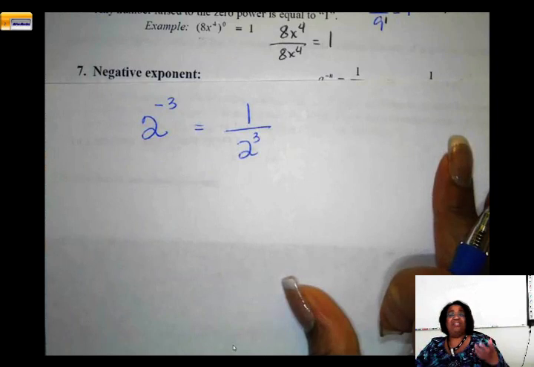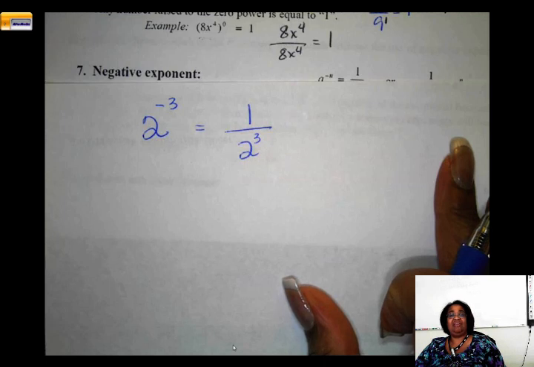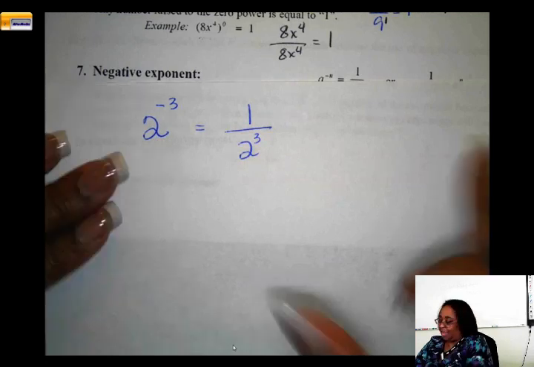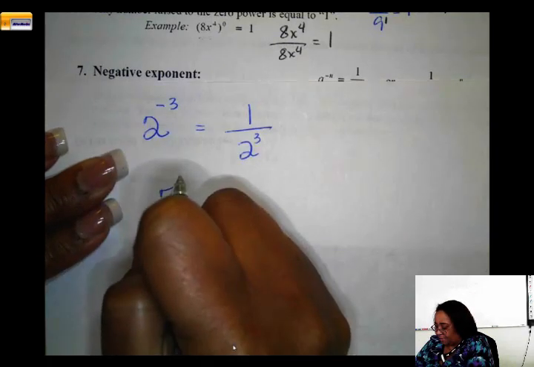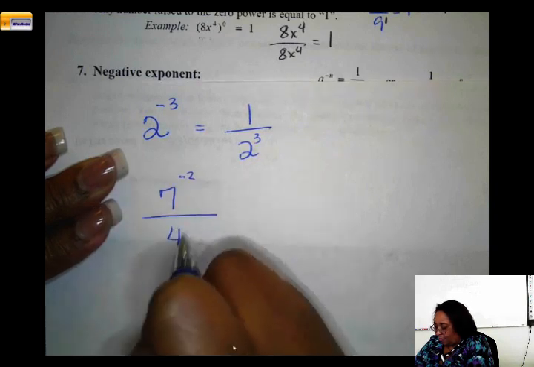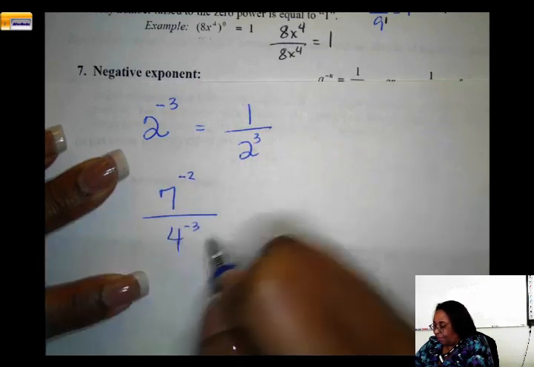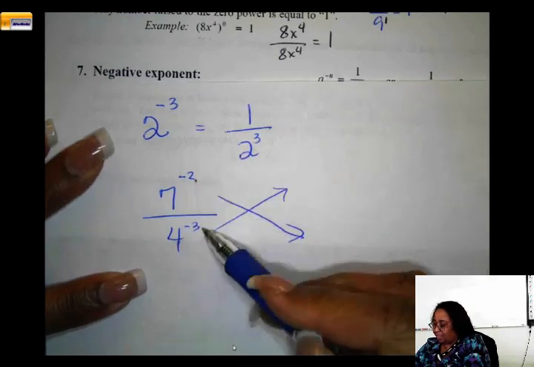I am going to do what's called the inverse. Remember when we did dividing fractions, we flipped them around? Well, that's the inverse. That's all that is. You take the inverse with the same power. If I had 7 to the negative 2 over 4 to the negative 3, these guys are switching places because their exponents are negative.